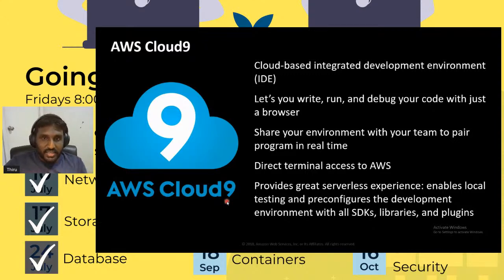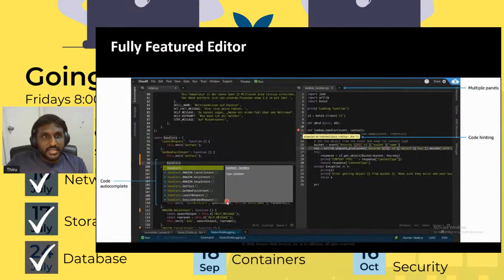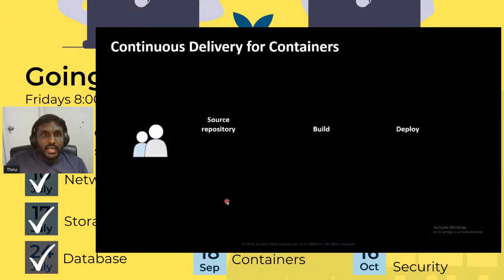You can modify binaries within the EC2 instance, and you can run your code directly from Cloud9 and make it behave as though you were running it in production because it's already on AWS. It's pretty cool. This is how it looks. I will actually show this to you during the demo.